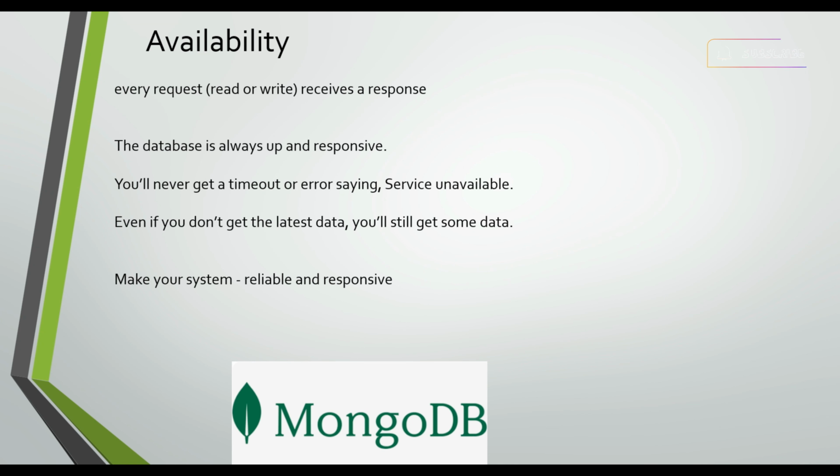Second, you will never get a timeout, nor any error saying the service is not available or there is some problem at the service side. Every time, 100% it is going to be available for you. Even if you don't get the latest data, you still get some response. That is what availability means.